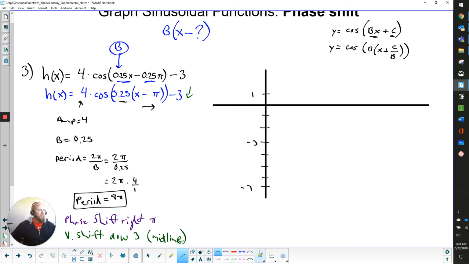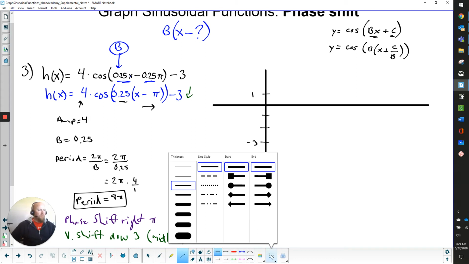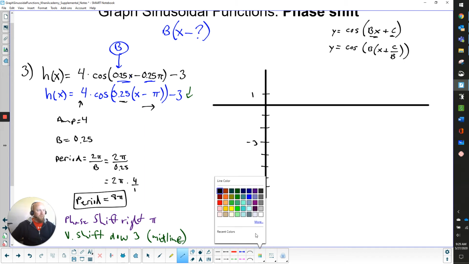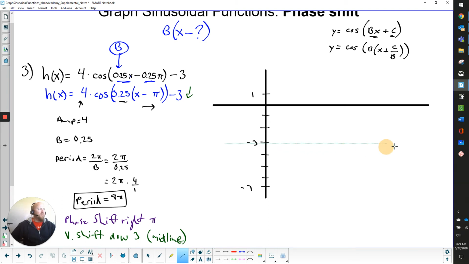If you're doing this on paper as you go through these, I would just sketch it.